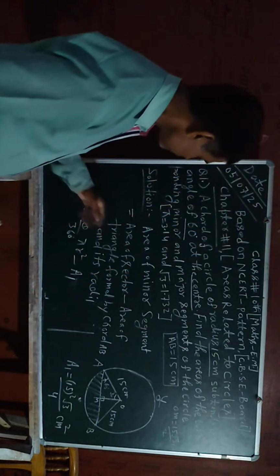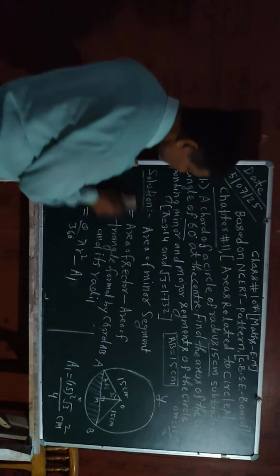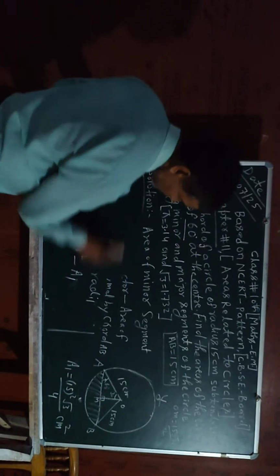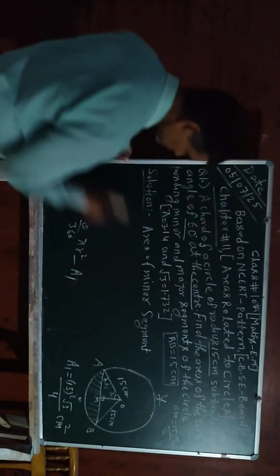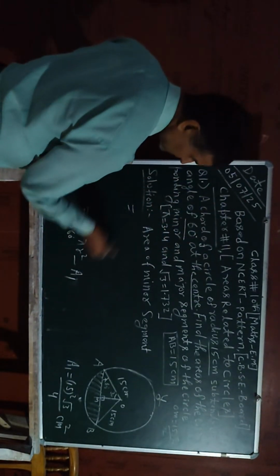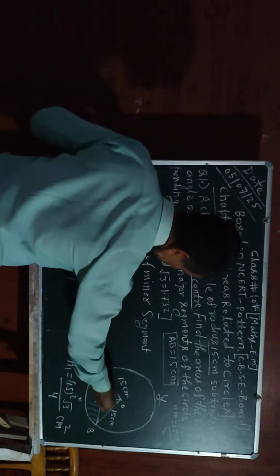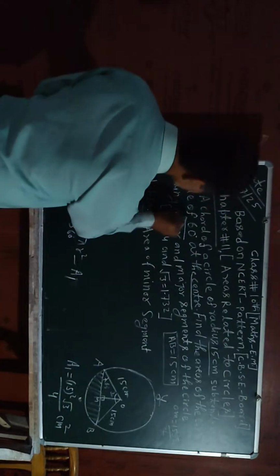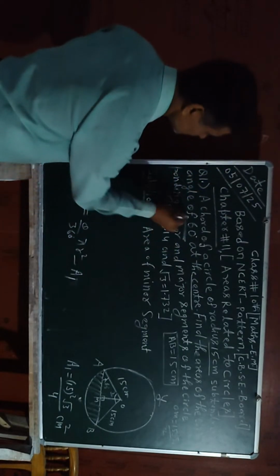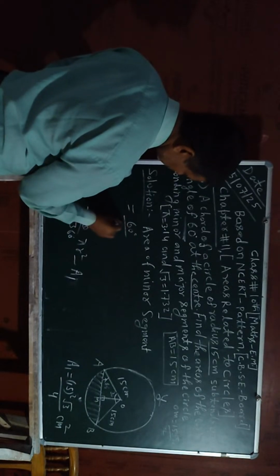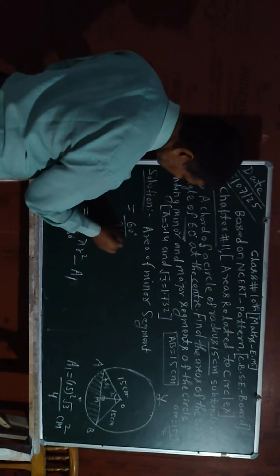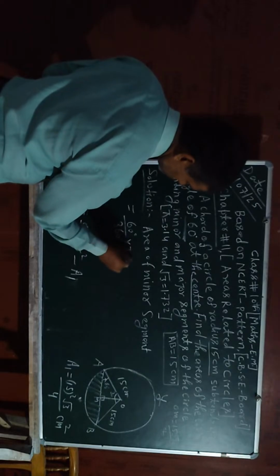Okay, now for calculating purpose I have to erase the above information. So first, the angle subtended at the center of the circle is 60 degree. So here I will put 60 degree divided by 360 degree into pi, into r square.